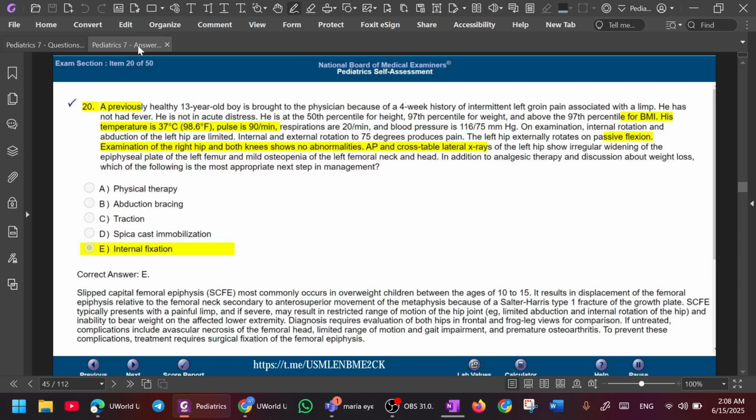Then there is one from 5 to 10. Is that Osgood-Schlatter? No, I don't think so, it is in the hip. There's another one in the hip. That's for 5 to 10, and then there is the one from 10 to 15.